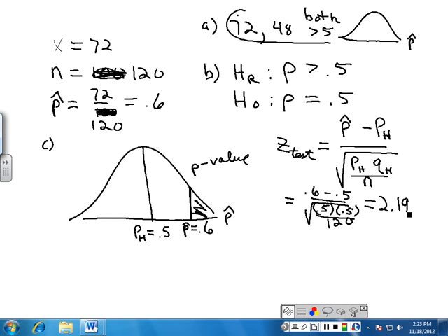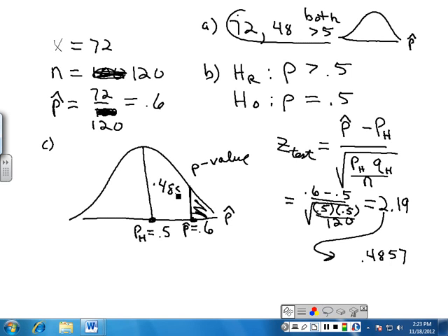Well, when you have a z of 2.19, if you look in the z table, you'll have an area of 0.4857. Remember, when you look up an area in the z table, that's the area from the center of the distribution to the point of interest.